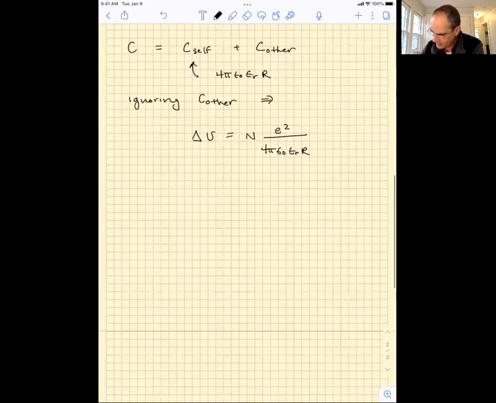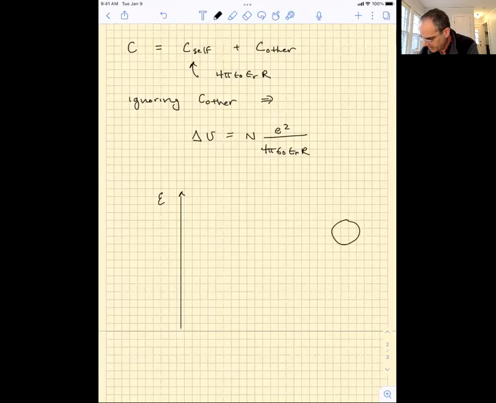Okay, either way, we get the following picture. There we are. So this quantum dot has energy levels, which we can draw in.